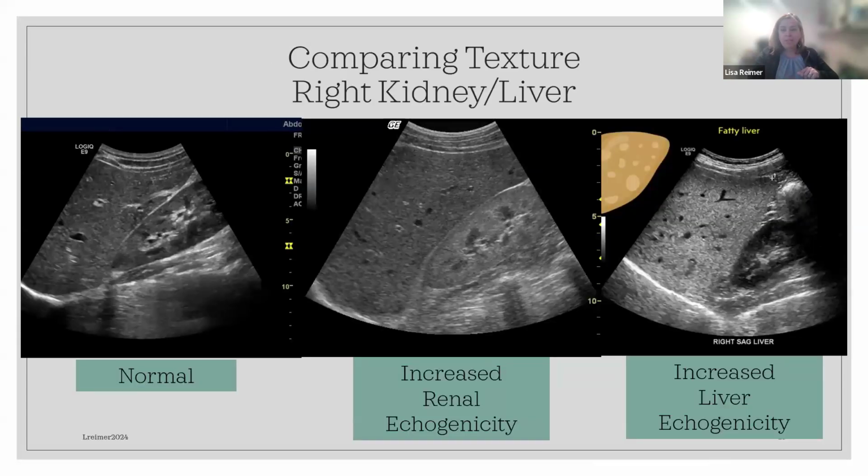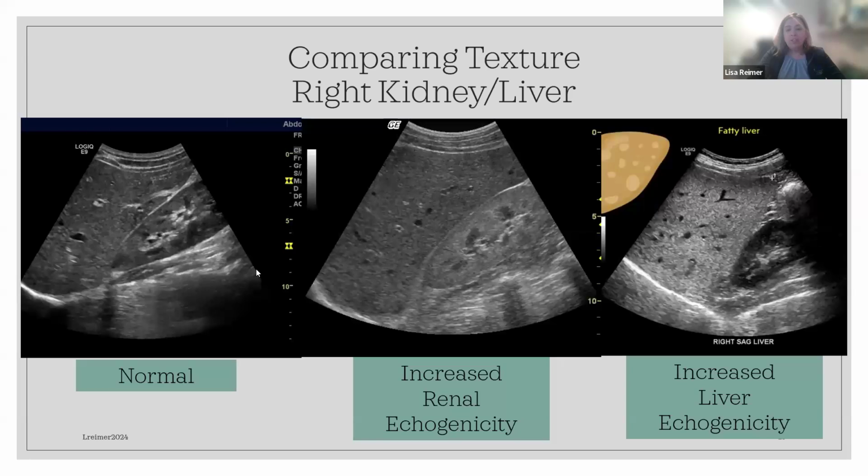So we talked at a previous slide about that comparative texture of the kidney. We look at the image on the left, which tells us that there is normal comparative texture between the right kidney and the liver. And we should see that outer cortex of the kidney should be equal or slightly hypoechoic compared to the liver.